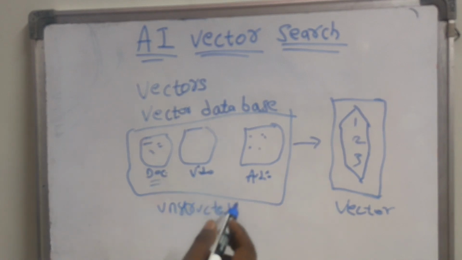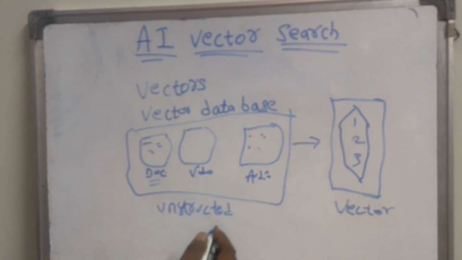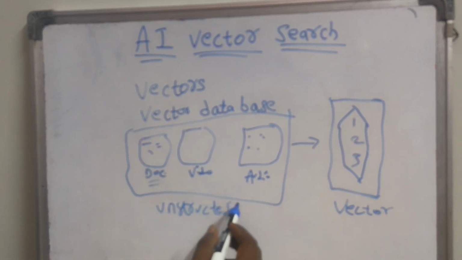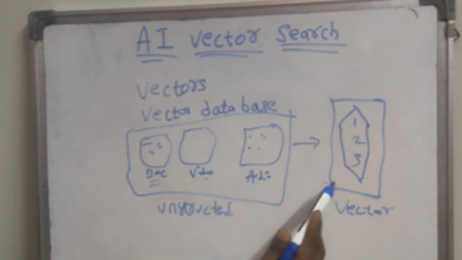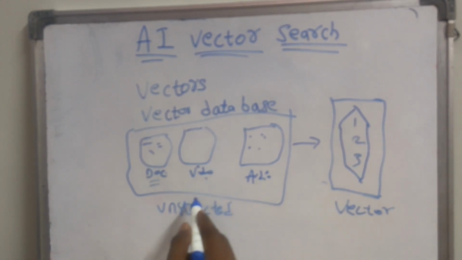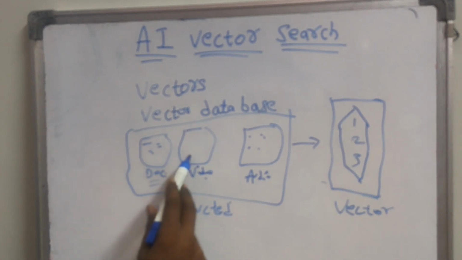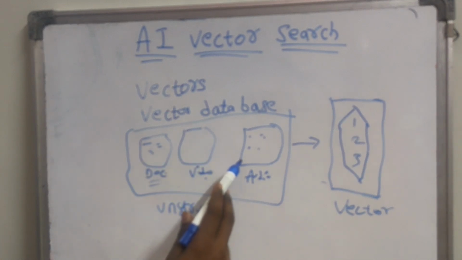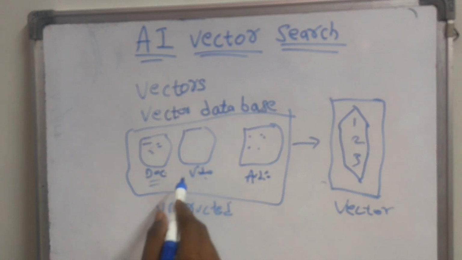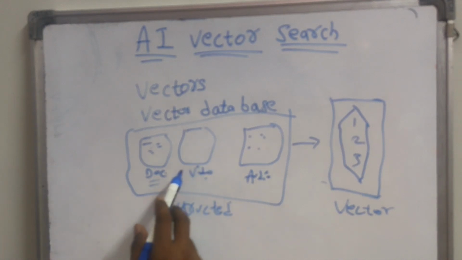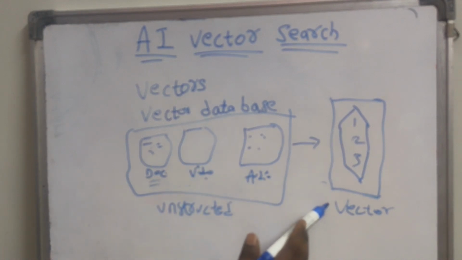There are complex machine learning algorithms working behind the scenes to convert this unstructured data into the vector representation, but for an end user, it's just unstructured data converted into a numerical representation. The important point here is that it uses a different algorithm for each type of unstructured data.